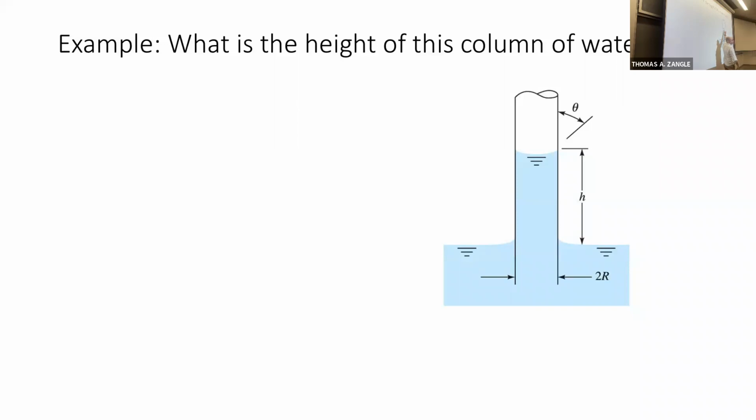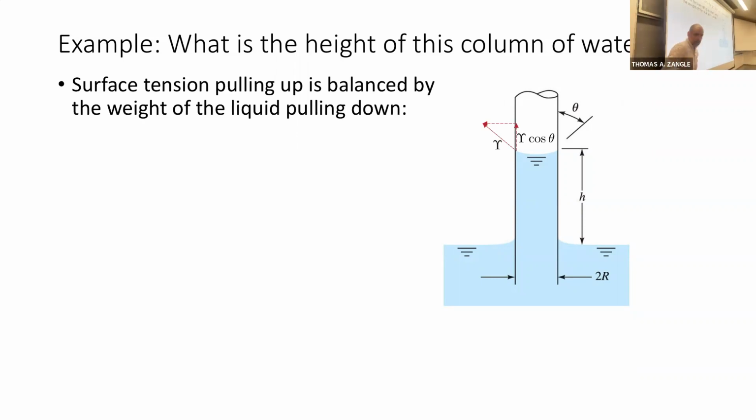At the edge of the glass, the interface between the glass and the water, there will be a surface tension force pulling that water upwards. That's going to be balanced out by the weight of the fluid column. So we can write that out in math: the surface tension pulling up is balanced by the weight of the liquid pulling down.